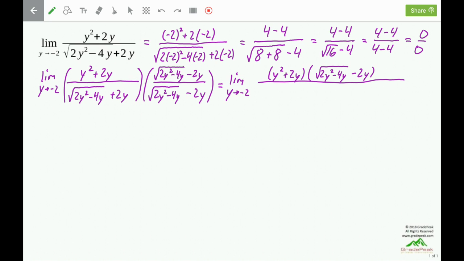Root of 2y squared minus 4y times root of 2y squared minus 4y will give us 2y squared minus 4y. Outside, root times a -2y will give us a -2y times the root 2y squared minus 4y. Inside, 2y times the root will give us a positive 2y times the root of 2y squared minus 4y.